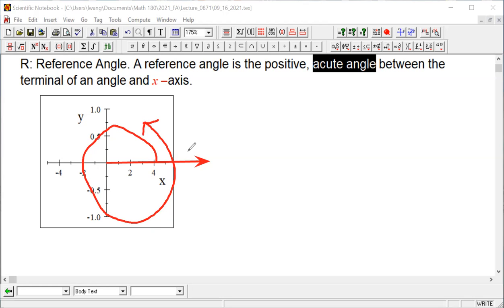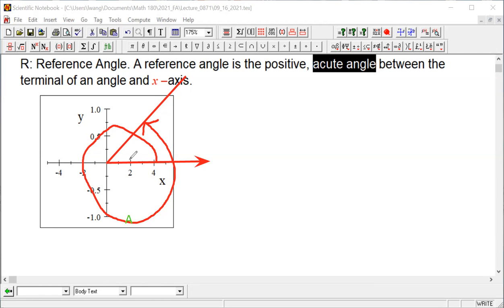And this is my angle, and that's the terminal. Can I do that? Of course you can. So this terminal, this angle, I go around. Now, this is angle A, what is the reference angle?